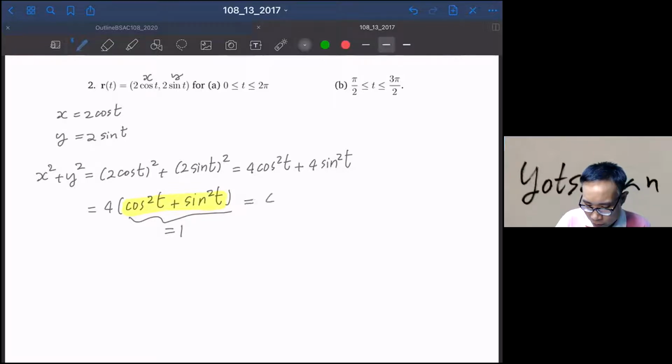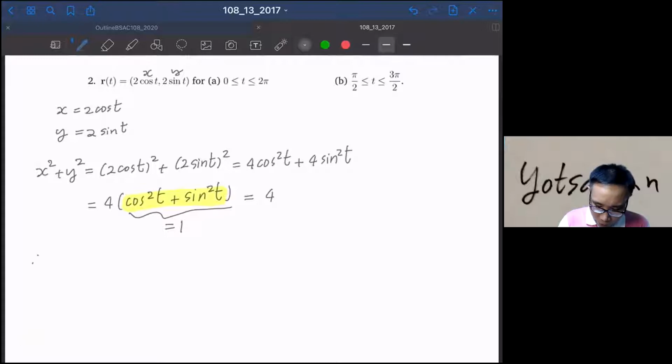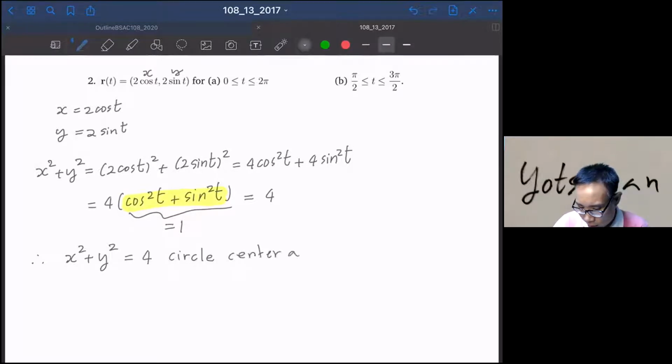So it's just 4. This gives you x squared plus y squared equal to 4, and so the graph is a circle centered at the origin with radius equal to 2.